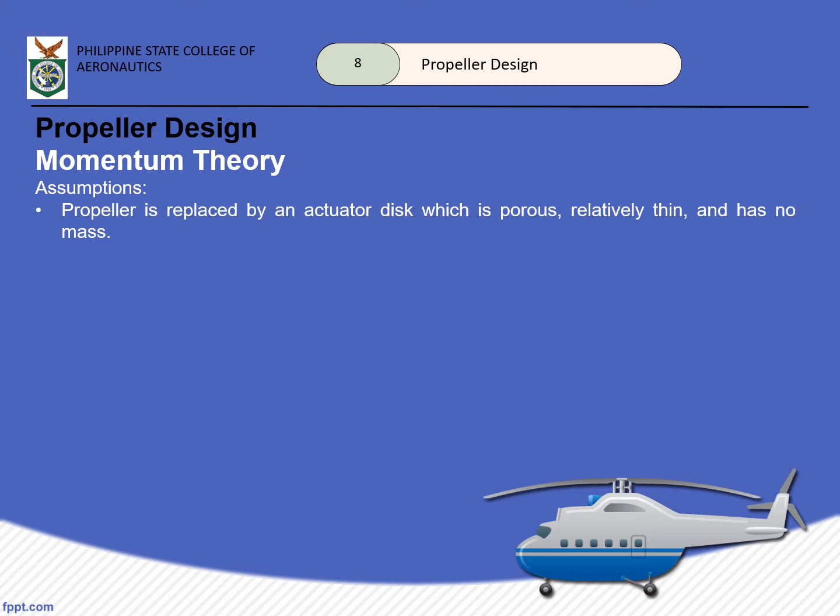So may tendency na meron tayong mga aspects na hindi natin mako-consider for this theory. The next is the disc provides no resistance or drag on the flow. As I've told you ngayon lang, meron tayong mga hindi mako-consider na aspect. And yun, we are assuming that the disc provides no resistance or drag on the flow.